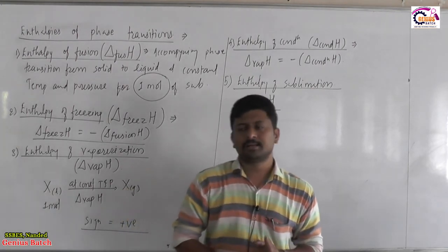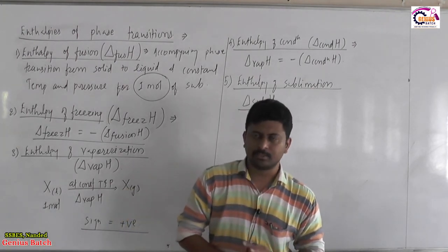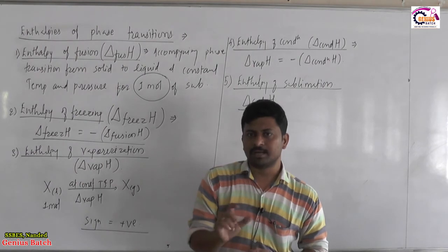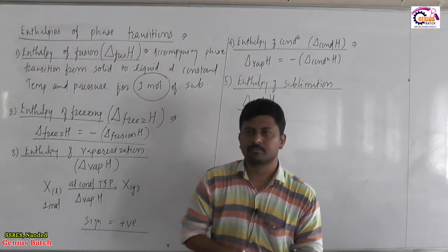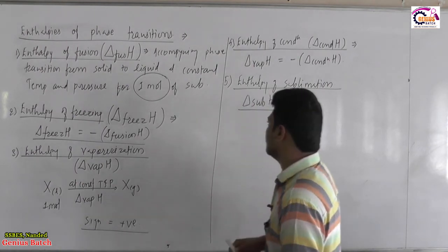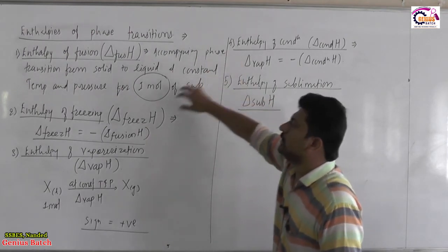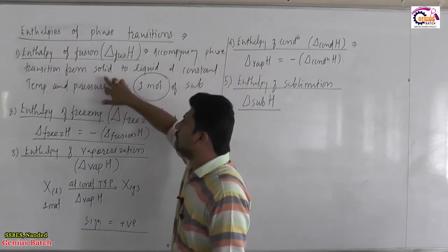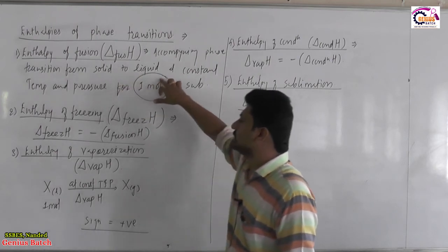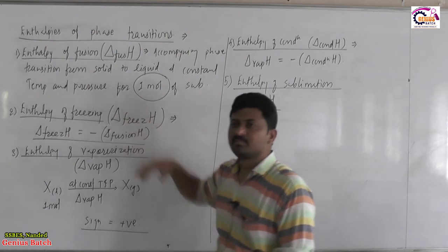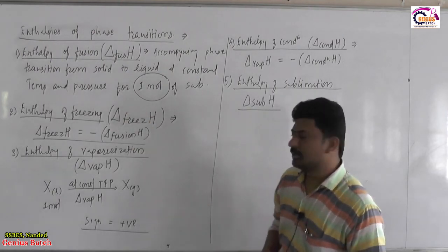When it is conducted at constant temperature and pressure and measured for 1 mole of a substance, then it is called a standard enthalpy change for that particular phase transition. Okay. Now what is sublimation? Theoretically we can say it is the enthalpy change accompanying the transition from 1 mole of solid to gas directly at constant temperature and pressure, called enthalpy of sublimation.